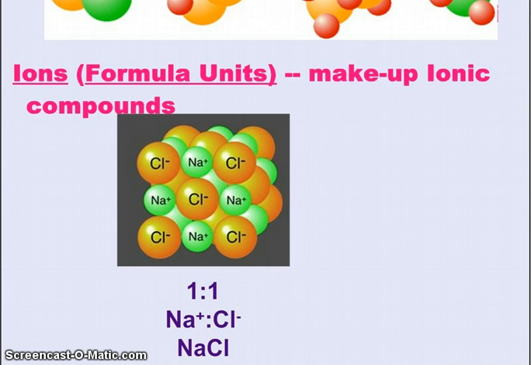So here you see sodium chloride, a very common ionic compound. It's a 1-to-1 ratio of positive sodium cations to negative chloride anions. So the formula unit is NaCl, and that's just the representative unit of an ionic compound. The ions are actually making the compound up.